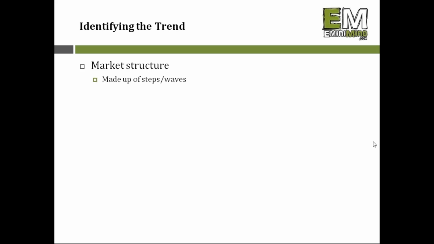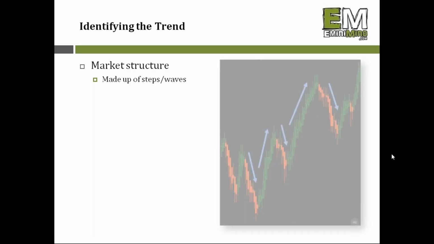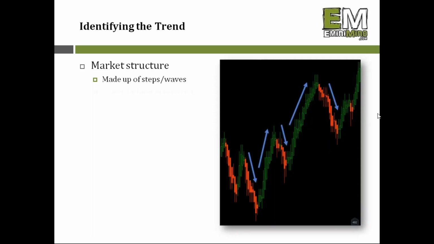So we can probably all agree that the market is not going to go straight up and straight down with no undulation whatsoever. There's going to be some kind of stair stepping or waves or whatever you want to call it. It goes up and pulls back and goes up and pulls back, or it goes down and bounces and goes down some more and bounces. So we know that about the market.